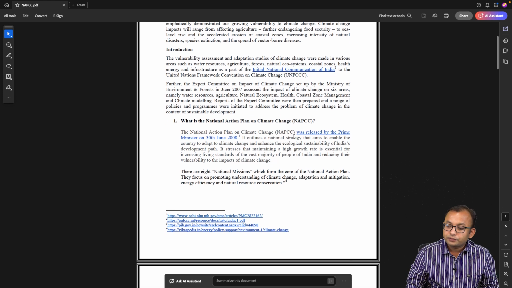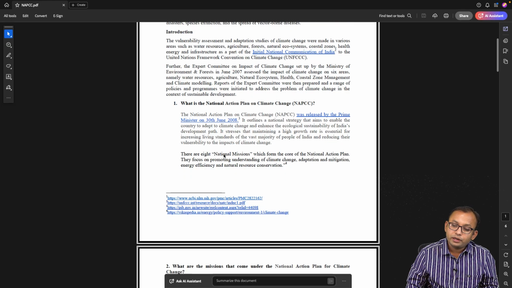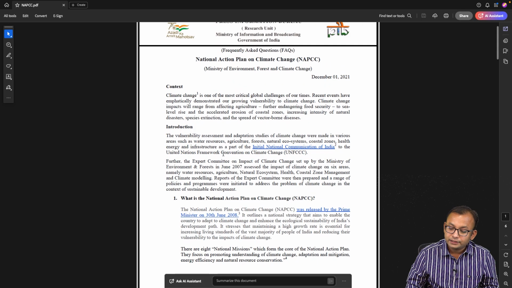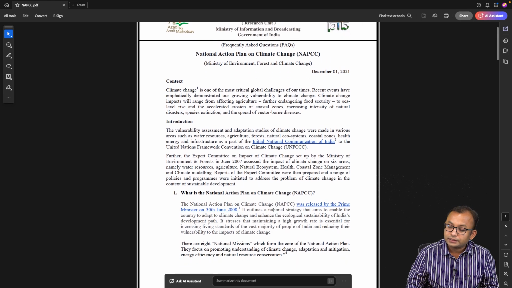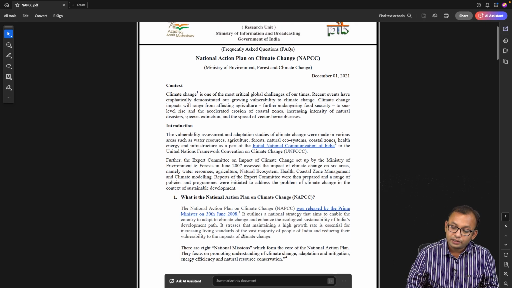So, it was finally released on 30th June 2008, and it outlines national strategies that aim to enable the country to adapt to climate change and enhance the ecological sustainability of India's development path. This action plan also stresses that maintaining a high growth rate is essential for increasing the living standards of the vast majority of people of India and reducing their vulnerability to the impact of climate change.